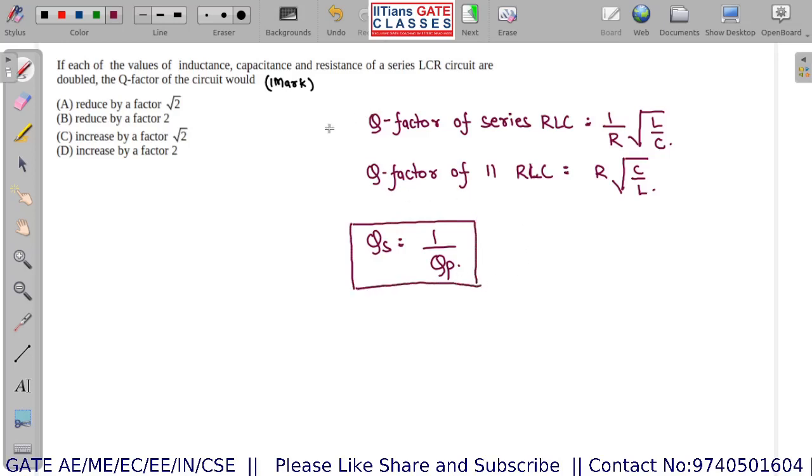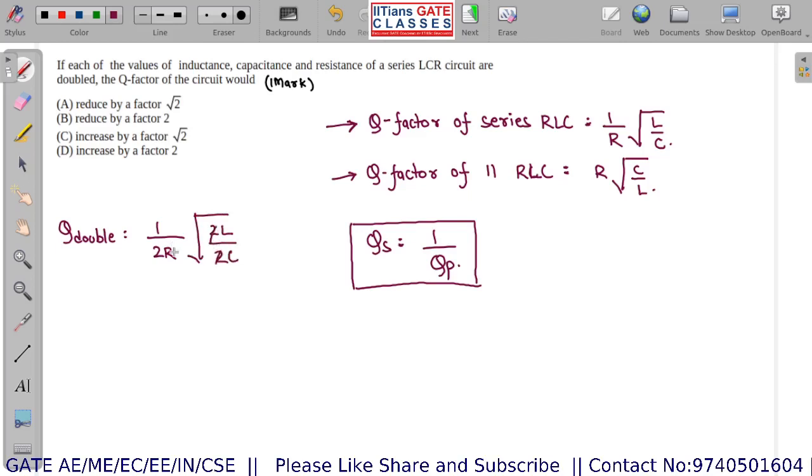Now let us solve this question for series RLC. Homework you can take for parallel RLC. Here it is given that if each of the values of inductance, capacitance and resistance of the LCR circuit are doubled, what will the Q factor be. Initially it is this; after I double, this will be Q double, which is 1 by 2R under root of 2L by 2C.